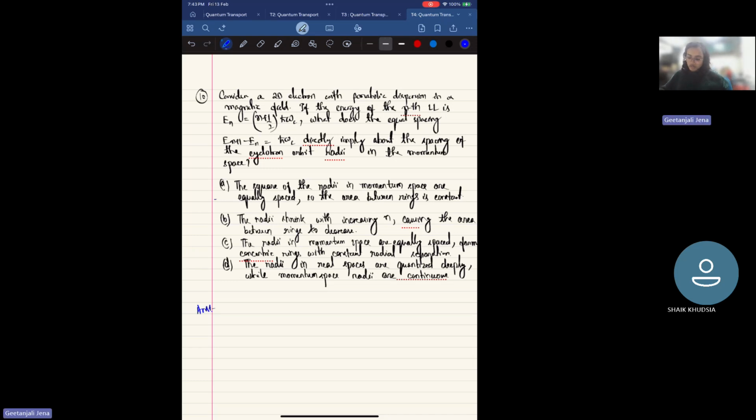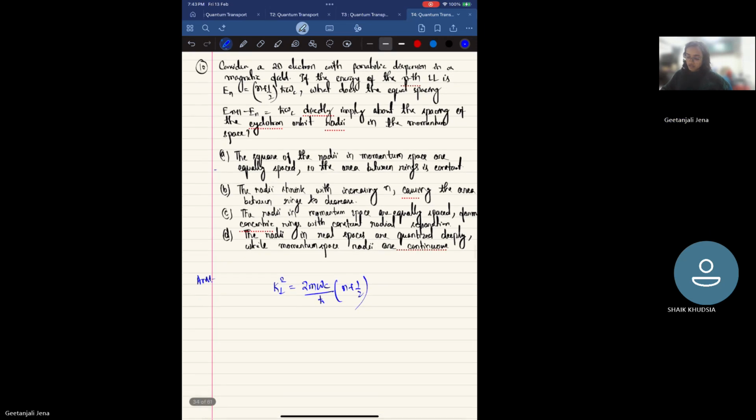So if you recall the quantization condition, the k perpendicular square in momentum space is given by 2 m omega c by h-bar times (n plus half). So that means k squared n plus 1 minus k n squared is 2 m omega c by h-bar.